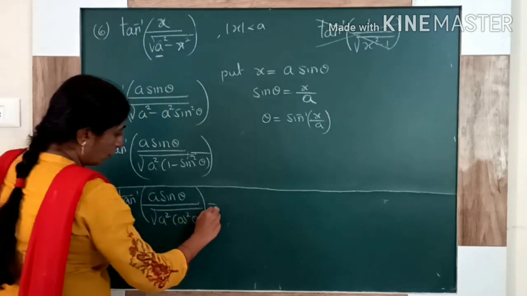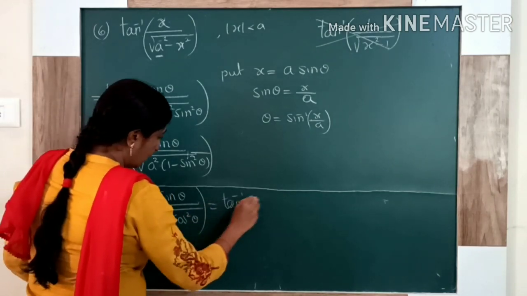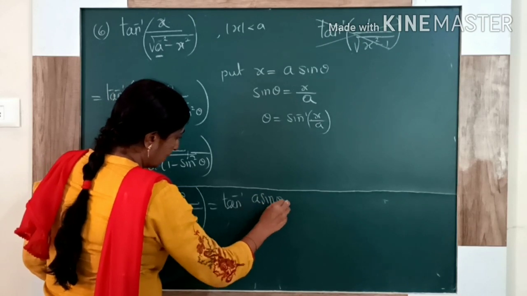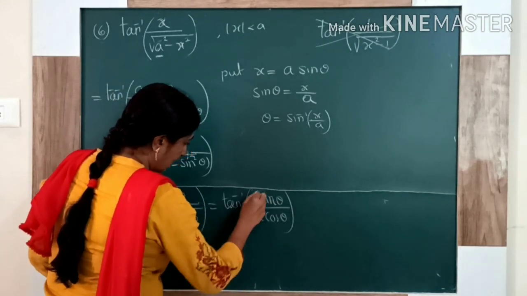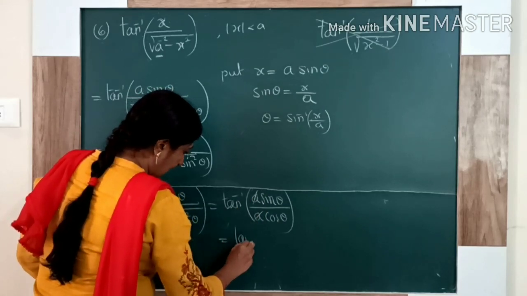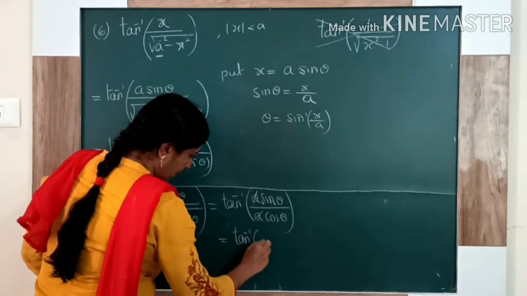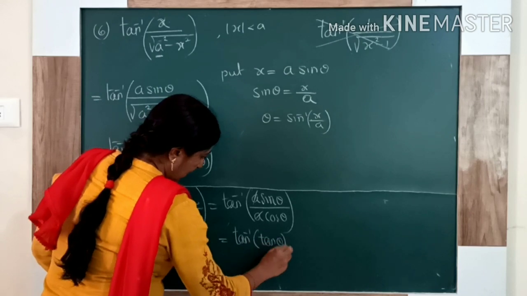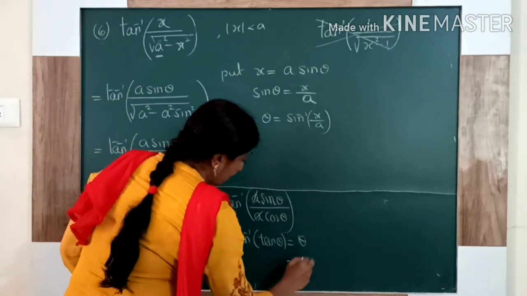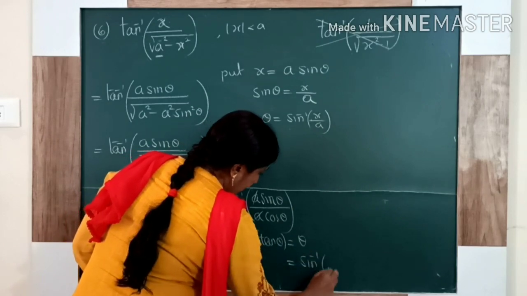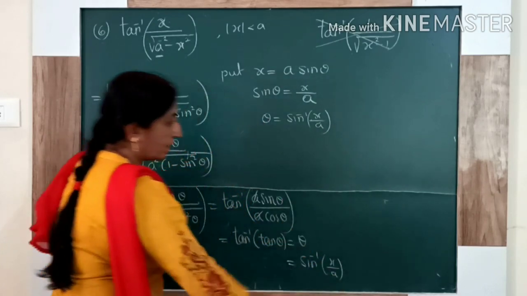Now take the square root of this: tan inverse of a sin theta upon a cos theta. A gets cancelled. Tan inverse of sin by cos is tan theta. Tan inverse and tan get cancelled. Theta is remaining. But what is theta? Sin inverse of x by a.